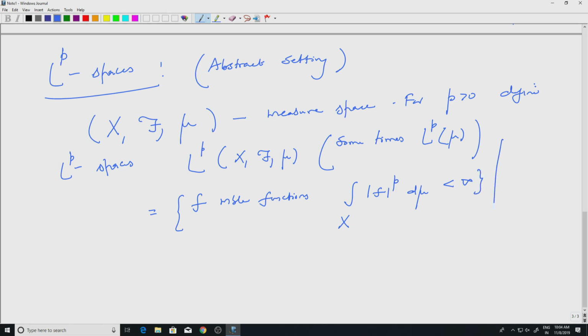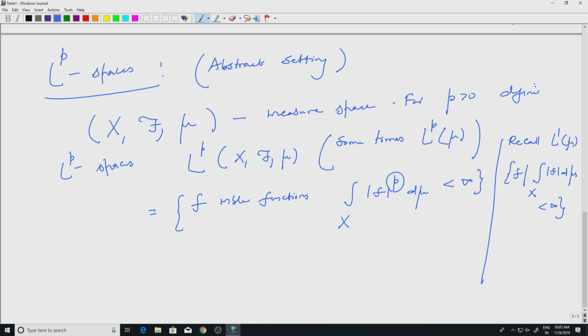Okay. So recall that we defined L1. L1 of mu was the collection of functions such that the integral of mod f d mu was finite, and that of course agrees with our LP space when p is 1, right. When p is 1, we are simply looking at mod f.